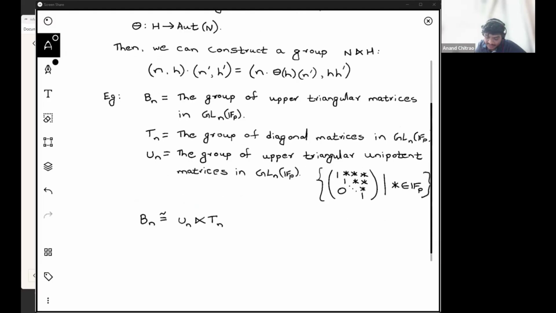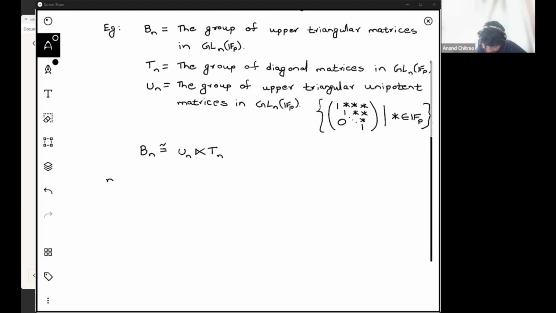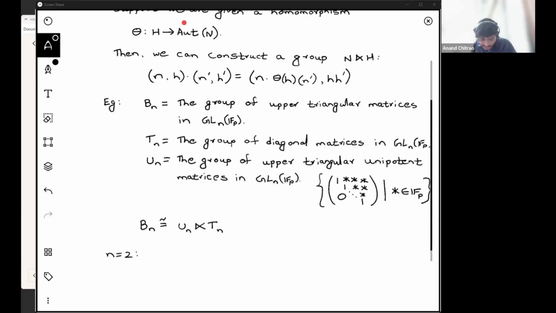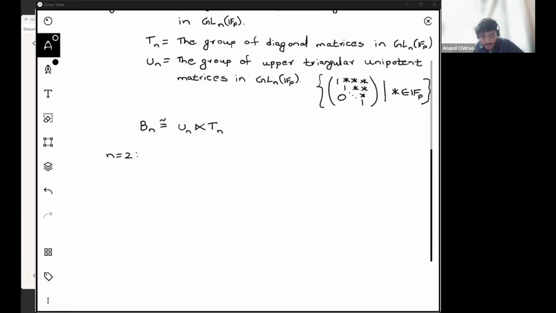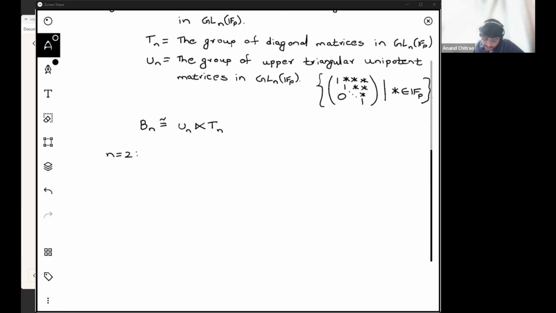Let us see this in the example of n equals 2. The homomorphism theta from Tn to Aut Un is supposed to be conjugation by elements of Tn on Un. So let's compute that via this prescription.